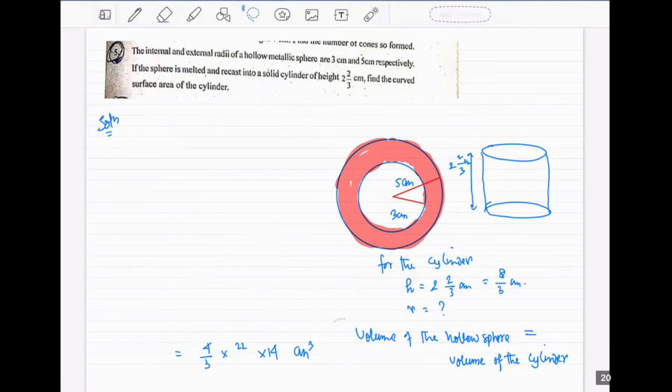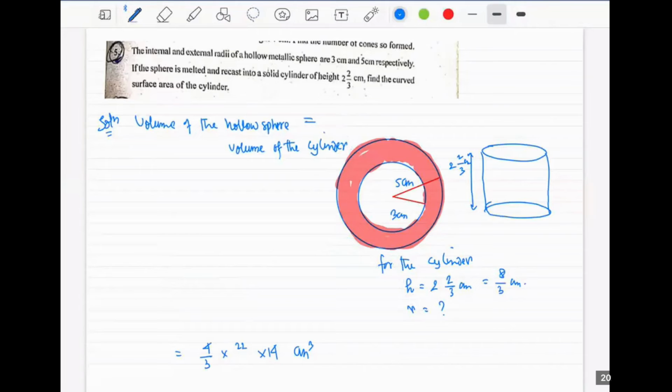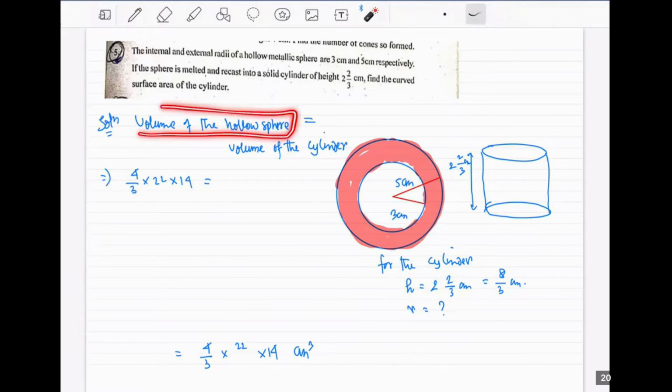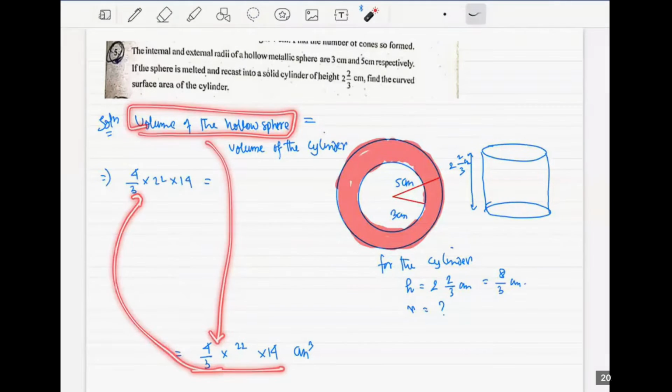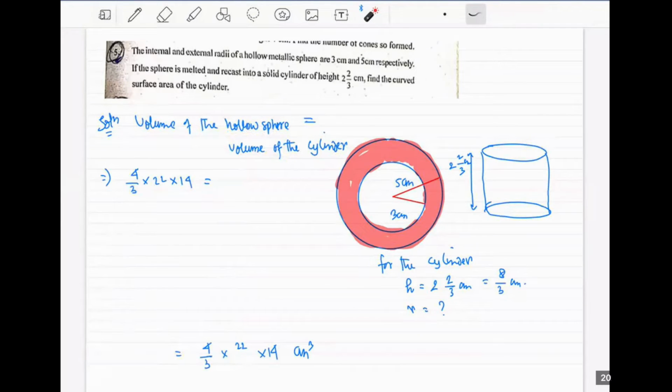Okay, now if we pull this up, look, the volume of the hollow sphere, we will have 4 by 3 into 22 into 14. I'm talking about this part right here. The value that we have found out, we put it here. Volume of the cylinder, you know the volume of the cylinder is pi r square h. Let's put in the value on the left hand side, right hand side also.